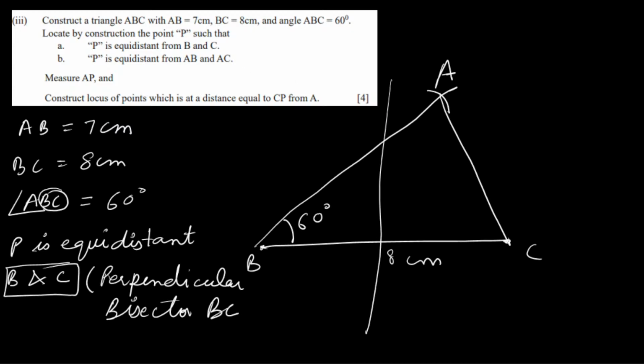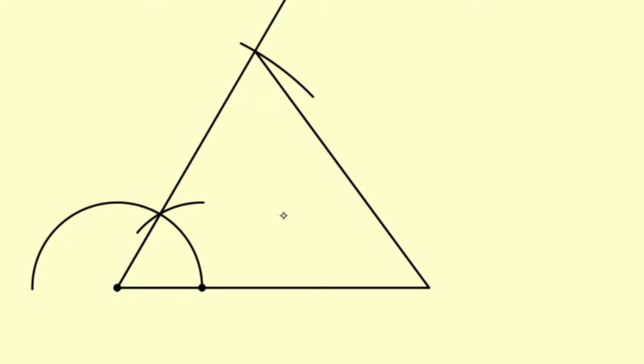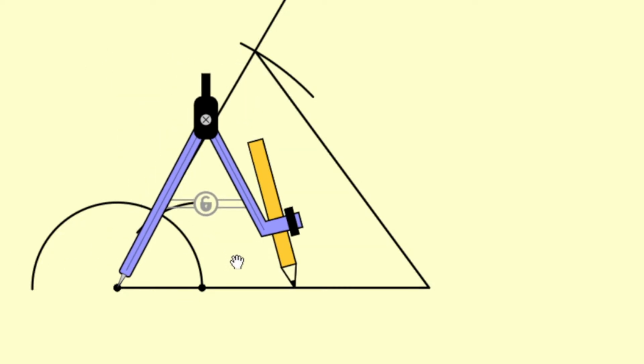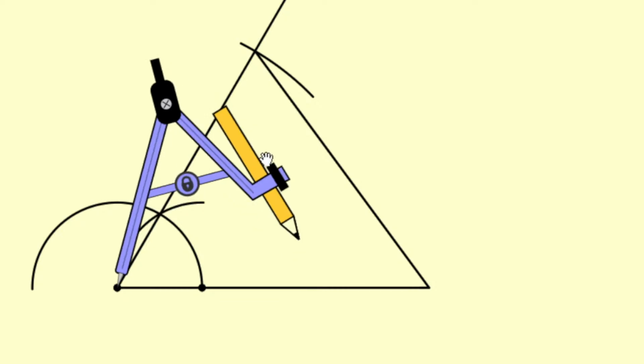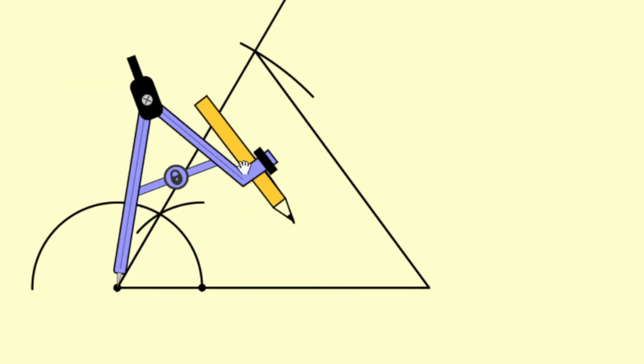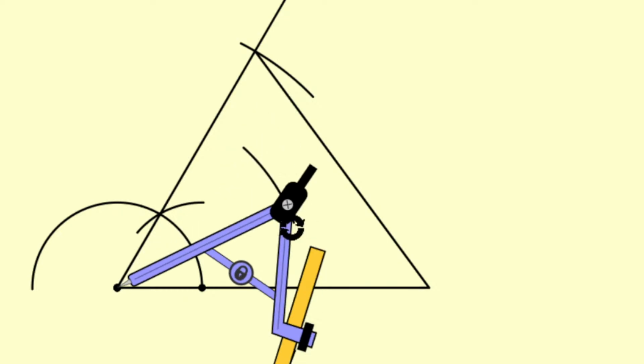Okay, so let's draw perpendicular bisector. I'll just go to the construction screen and we will draw perpendicular bisector of BC. I hope everyone knows how to do it. So for BC's perpendicular bisector, we have to open the compass more than half, and with B as center draw one arc at the upper side and one arc at the lower side, because BC is the baseline.